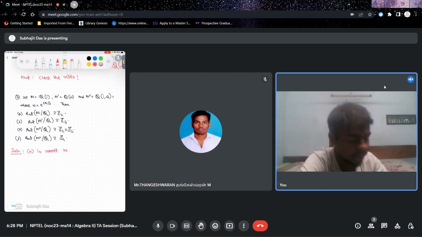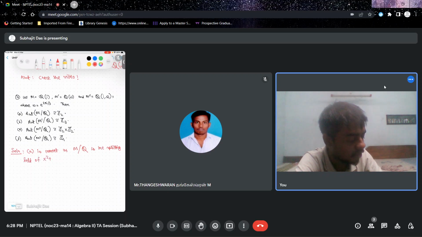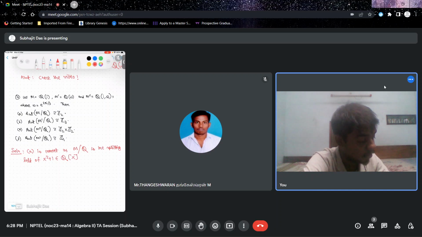as this is very trivial as before, as M over Q is the splitting field of x square plus 1 in Qx, right, which is separable.